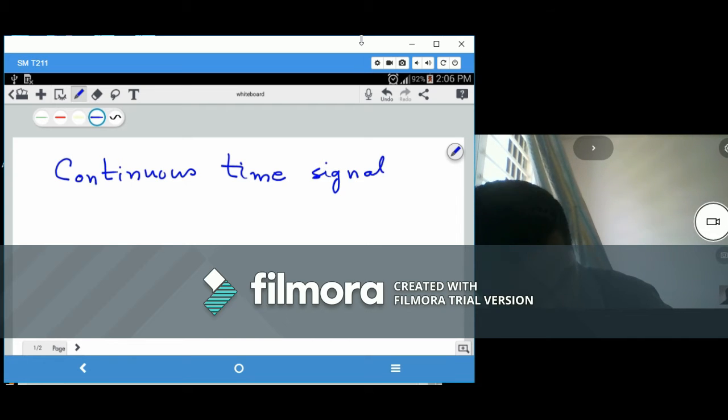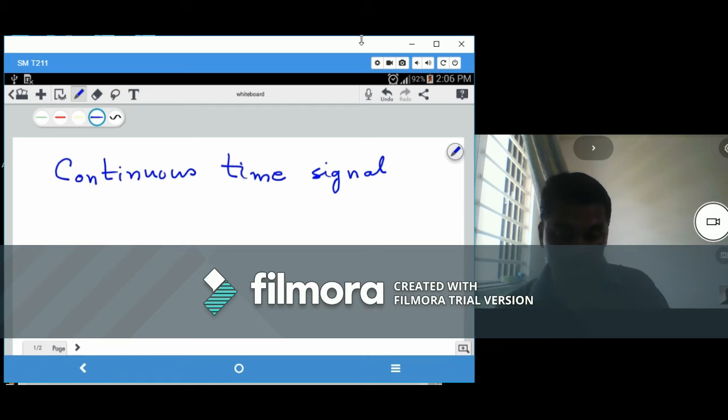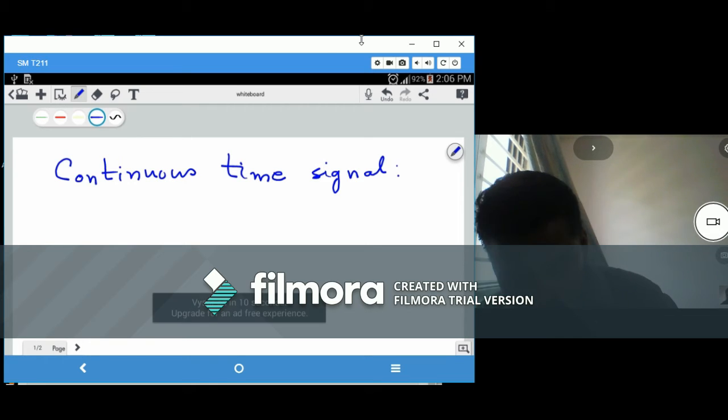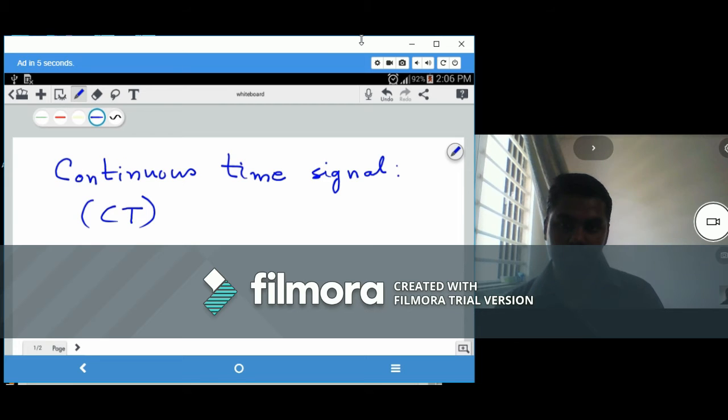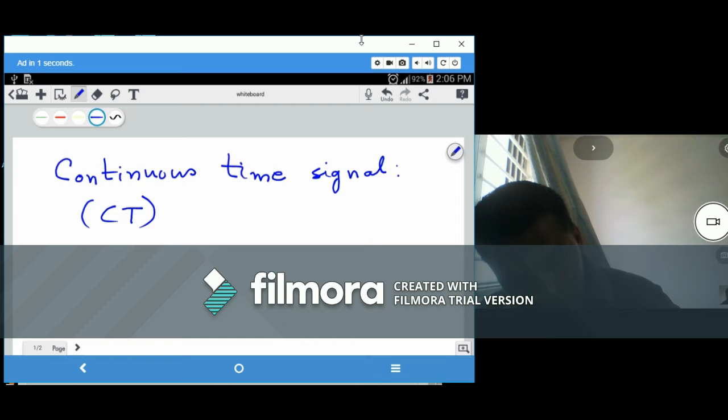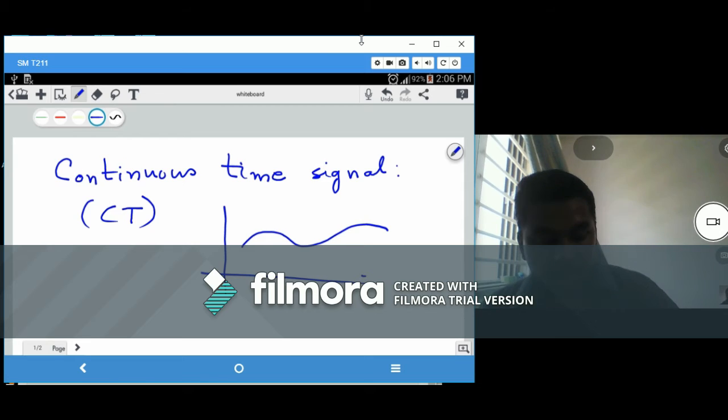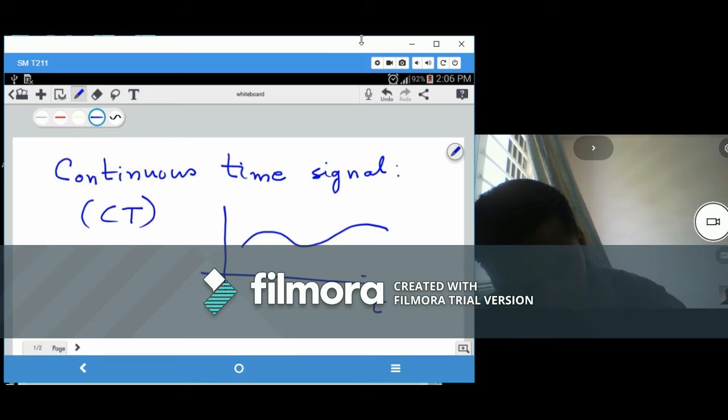What is meant by a continuous time signal? In short, sometimes this might be represented as CT, continuous time. So take any arbitrary signal. This is time, this is amplitude, let us write it as v of t.